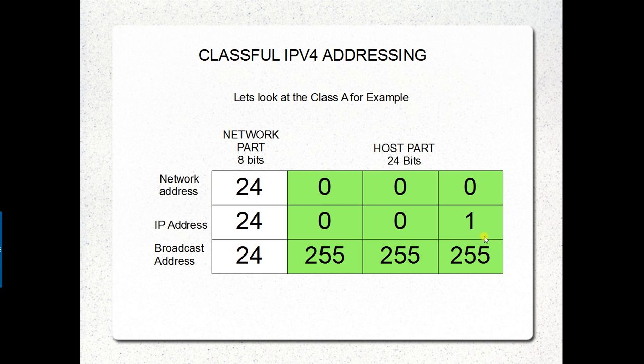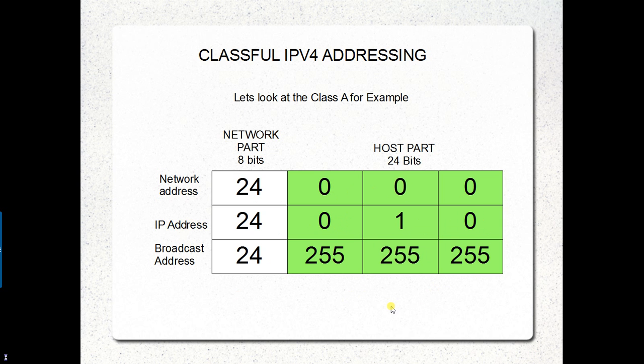Okay, so for example, the first one would be 24.0.0.1. The second one would be 24.0.0.2, and then 24.0.0.3. And then this fourth quadrant would count up to 255, and then we would start here. 1. So these are all possible IP addresses.